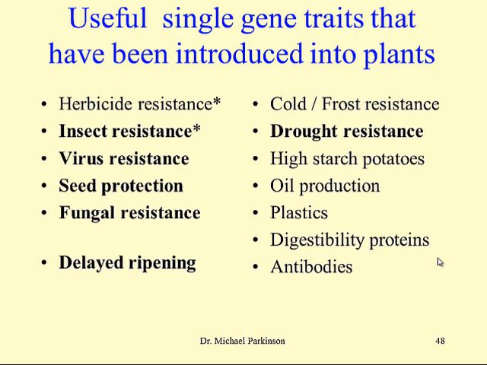High starch potatoes, if you're frying up potatoes for making chips, then the higher the starch content, the better the chips. Oil production is another one. I've already mentioned these biodegradable plastics or renewable plastics through polyhydroxybutyrate. Digestibility proteins, I've already mentioned antibodies.